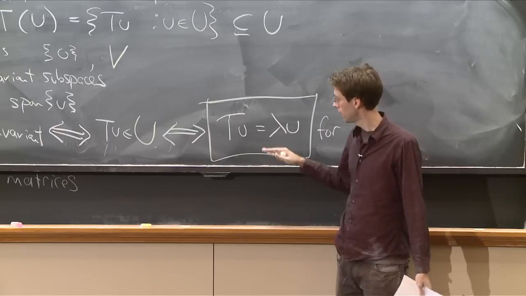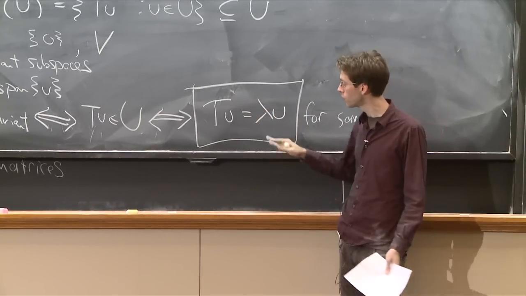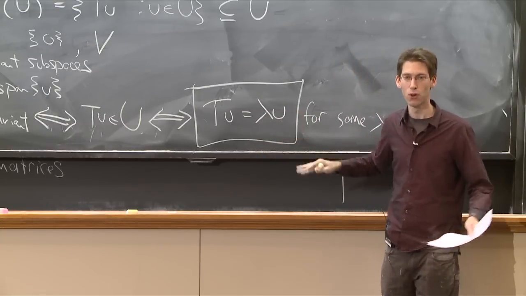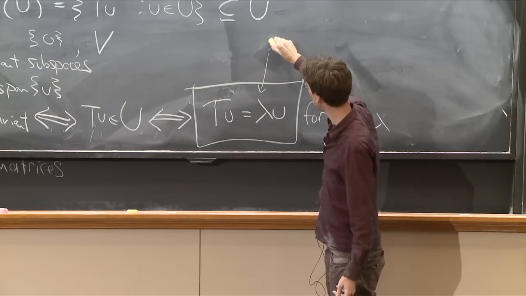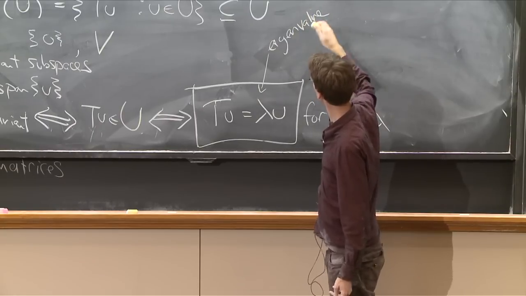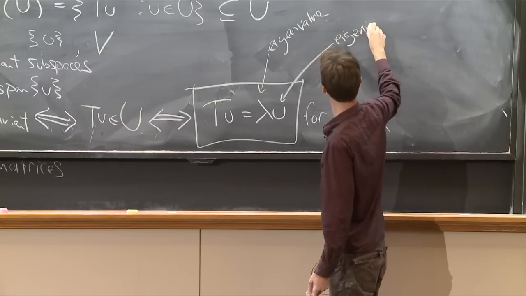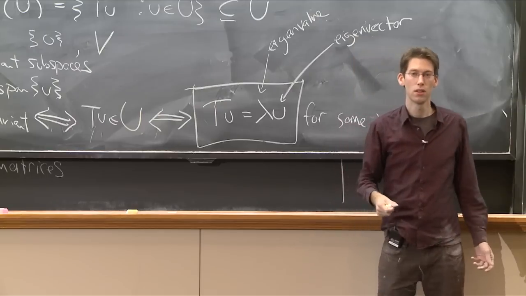If it's a very important equation, it might be named after a mathematician. But this one is so important that two of the pieces of it have their own special name. Lambda is called an eigenvalue, and U is called an eigenvector.